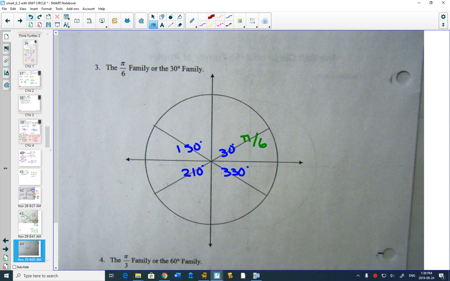In radians, 30 degrees is pi over 6. You have a 30-second head start to finish the radians.